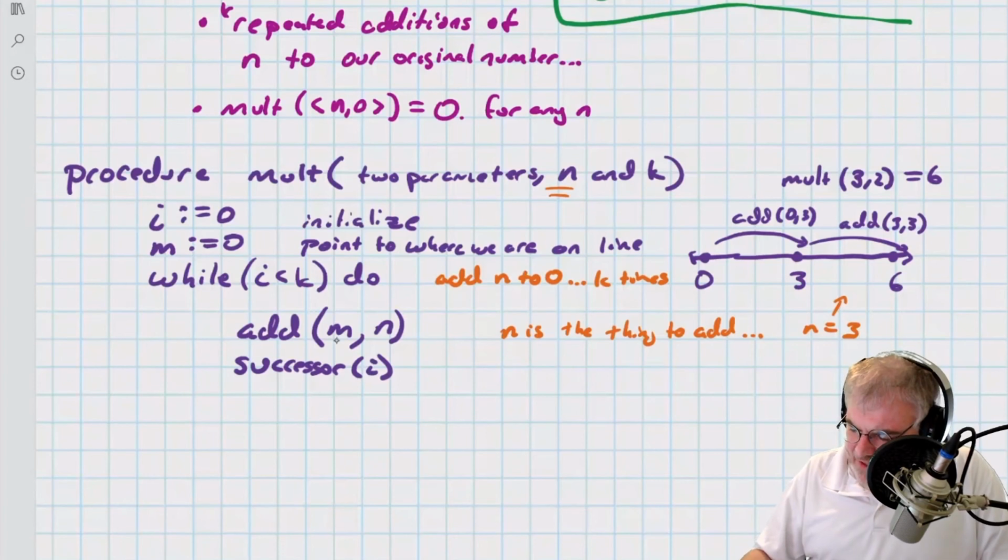So I'm going to add m to n, and then I'm going to have a successor i, and then I'm going to end the loop.